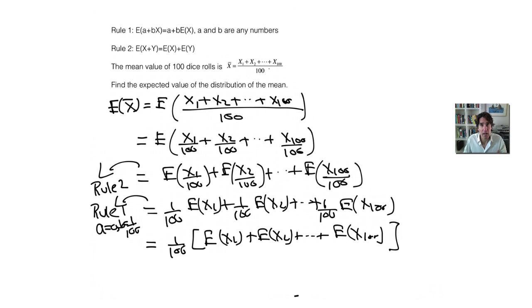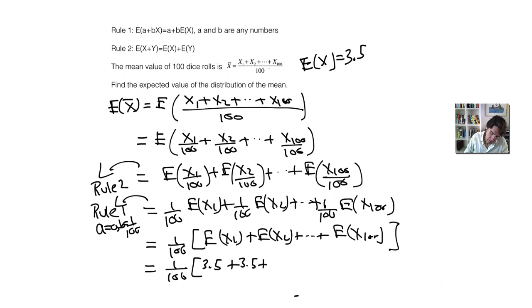Now the expected value of the value on any one roll is equal to 3.5. We derived that in a previous video. So the expected value of any x is just equal to 3.5, and we can use that in here. So that's 1 over 100 times 3.5 plus 3.5 plus 3.5, and this is 3.5 added up 100 times.